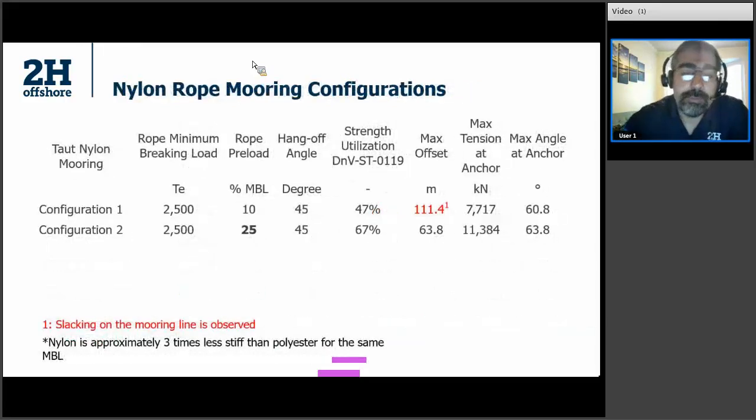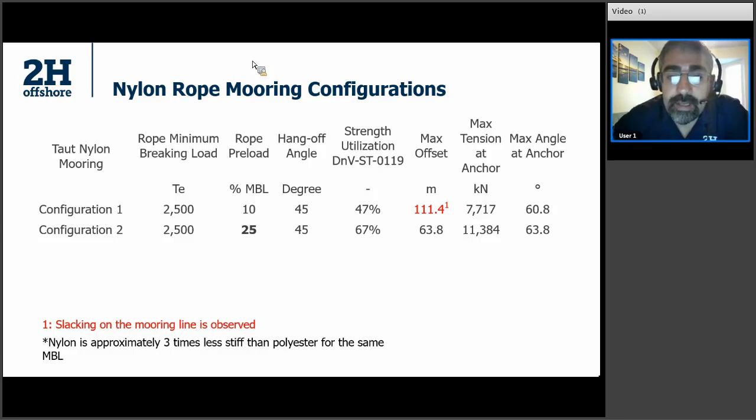For the nylon, again starting with the same breaking load levels, about 2,500 ton, starting again with 10% preload from the last polyester case.